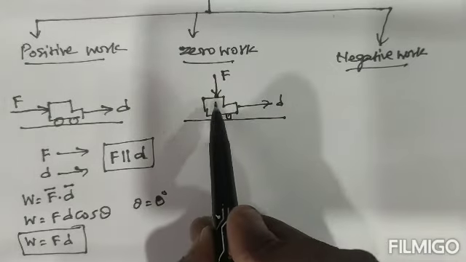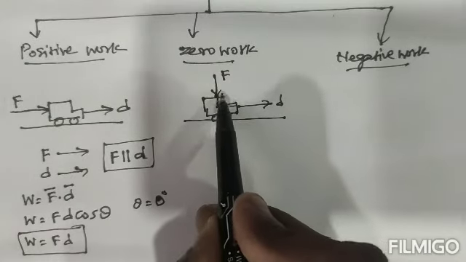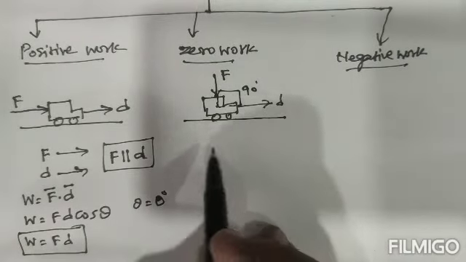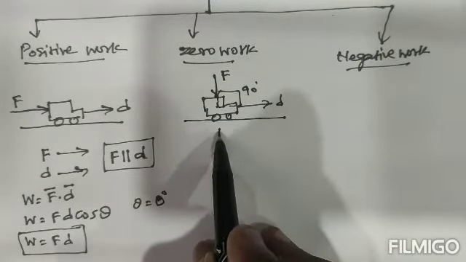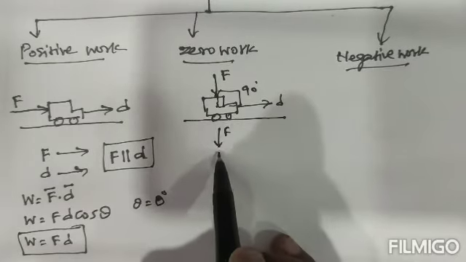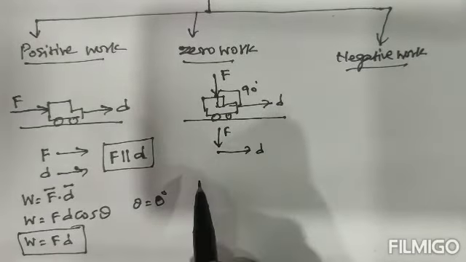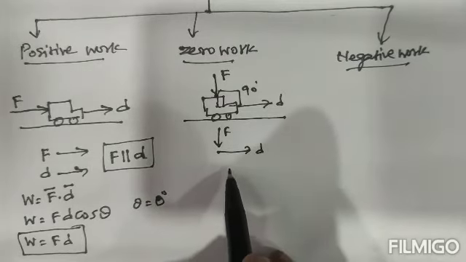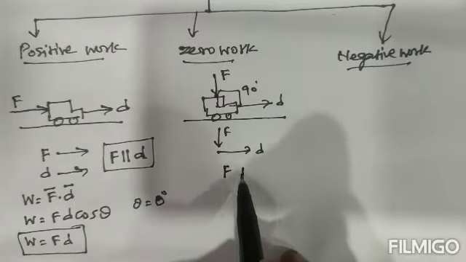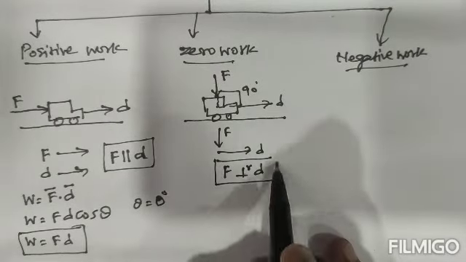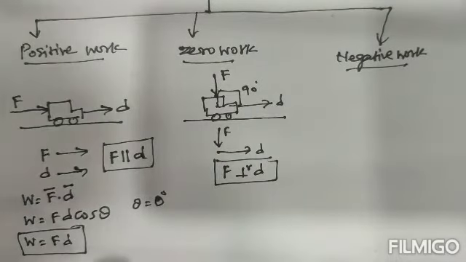So here the angle being made is how much, 90 degree. The force direction is like this, but the displacement direction is like this. So here the angle is 90 degree. So we can say, as a definition, applied force perpendicular to the displacement direction is known as zero work.